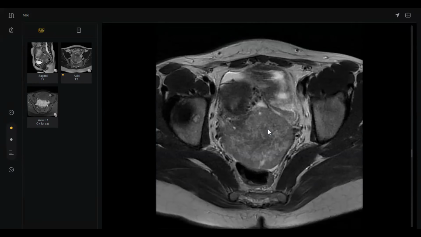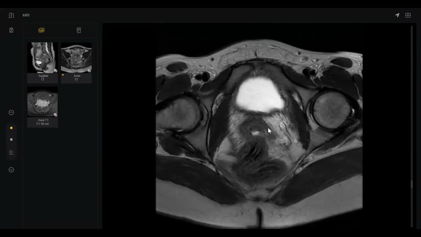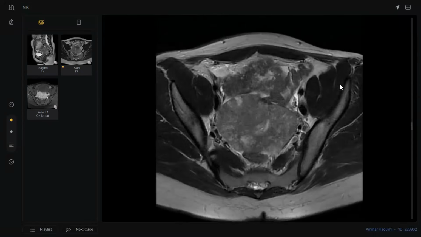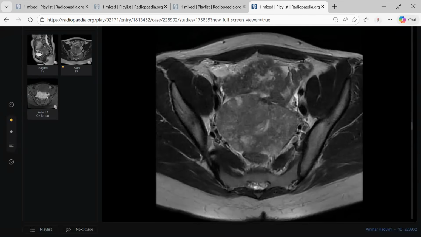I am looking at the origin of these masses. These are well separable from the uterus.